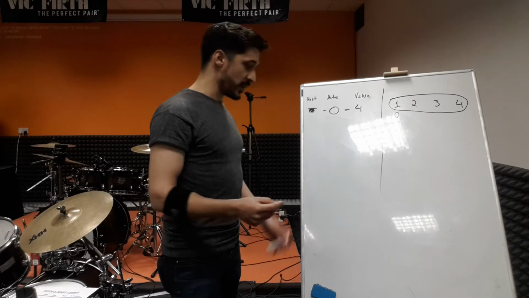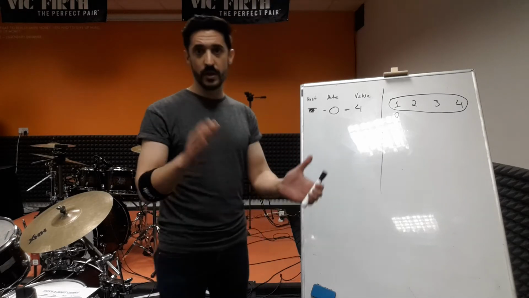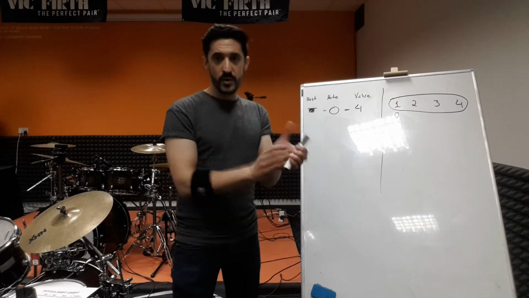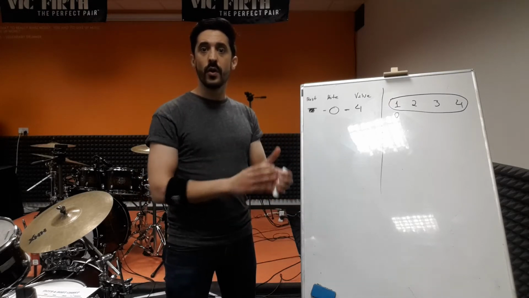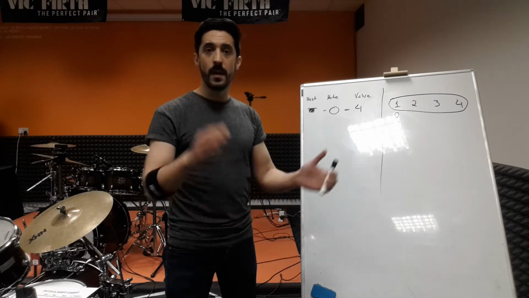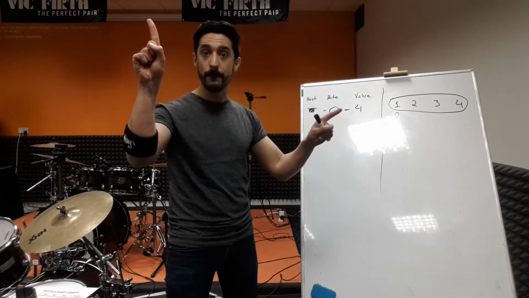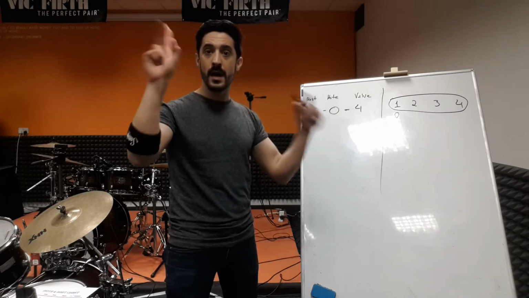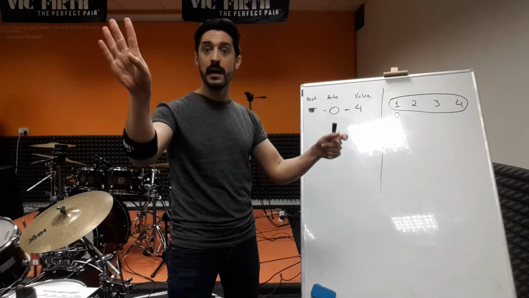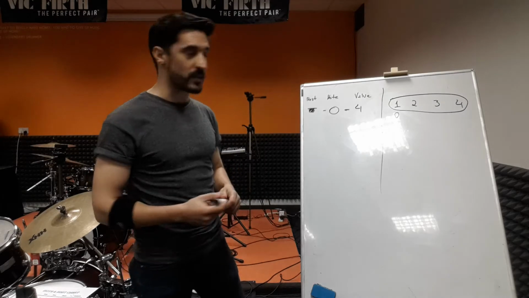So for example, if I have a click, this is your click, 1, 2, 3, 4, a whole note on the 1 would be ba, ba, ba. Okay, so it lasts 4 beats.